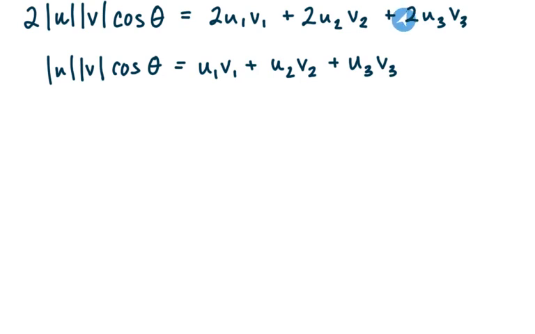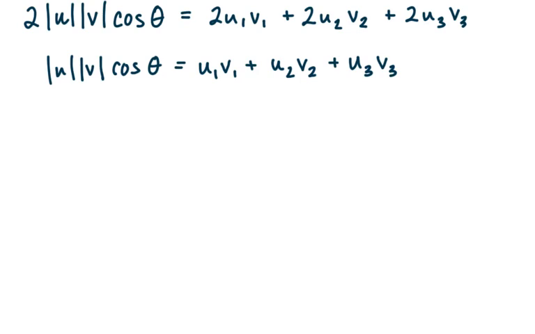And so again, I had a times 2 in front of every term, so I was able to divide those out. Now, what we should notice is this is the definition of a dot product.